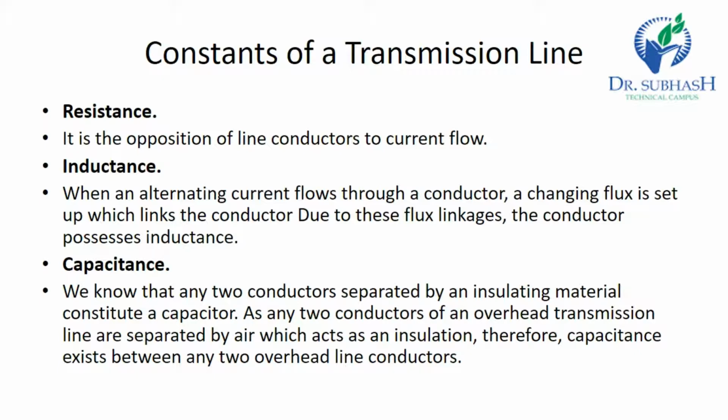The second one is inductance. When alternating current flows in a conductor, a changing flux is set up which links the conductor, and due to the flux linkage, the conductor possesses inductance, which we define mathematically as psi by I. Here psi is the flux linkage and I is the current flowing in the conductor, which is equal to L, the inductance.